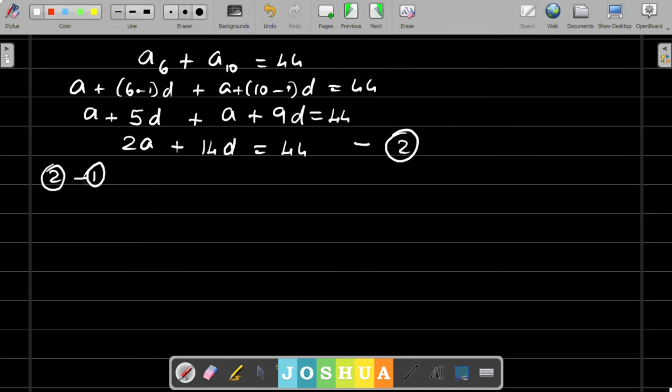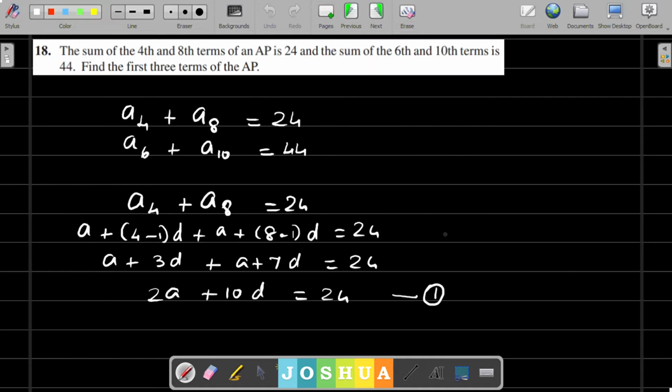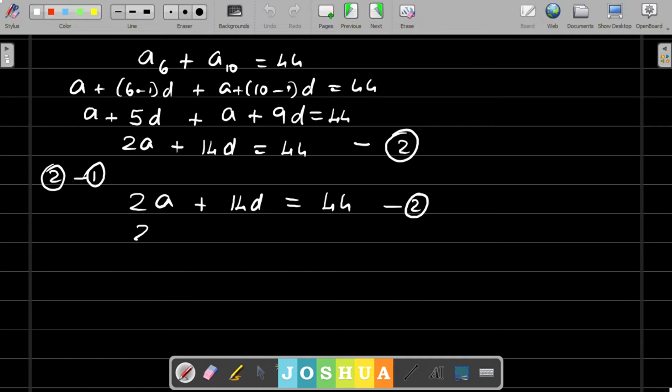What I am going to do now is subtract equation 1 from 2. What is equation 2 here? 2a plus 14d is equal to 44. You can do 1 minus 2 also, but I prefer to go for 2 minus 1. Now the first equation: 2a plus 10d is equal to 24, equation number 1.